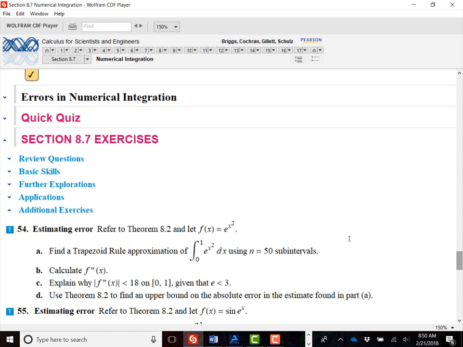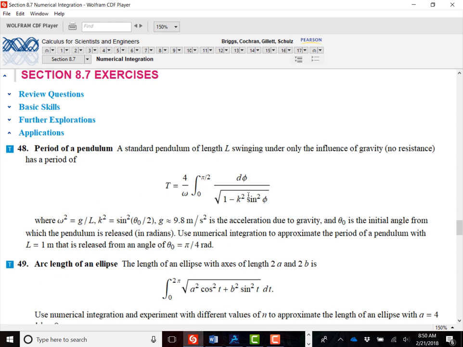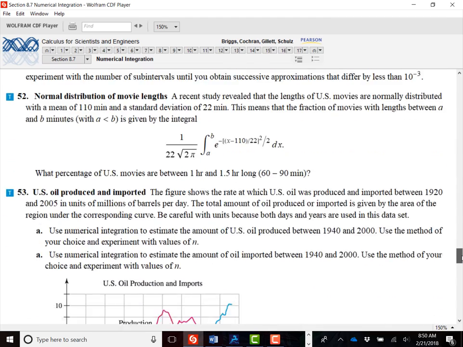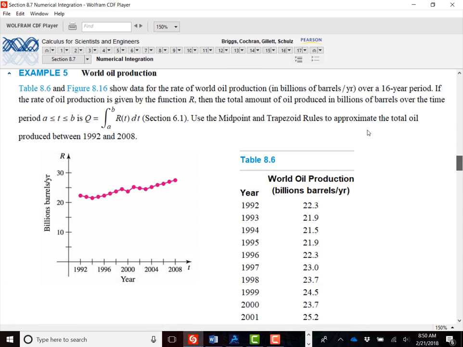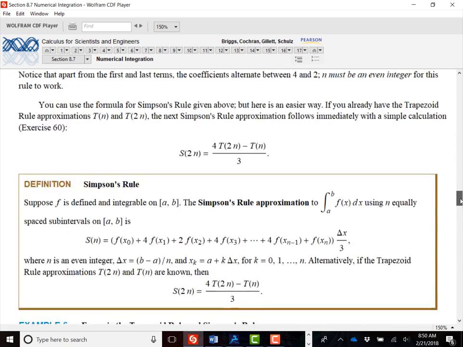Okay, so applications. Period of a pendulum, arc length of an ellipse. Yeah, these are all cool, but let's just do one of the homework problems. I only assigned through like the 30s for you guys.